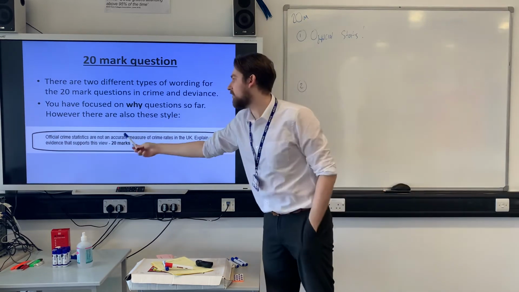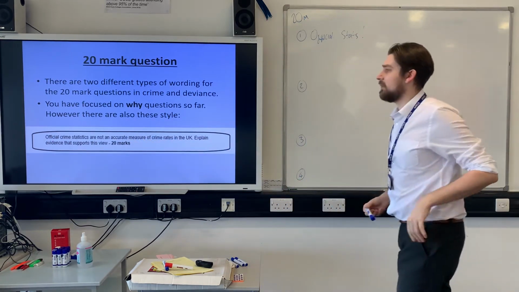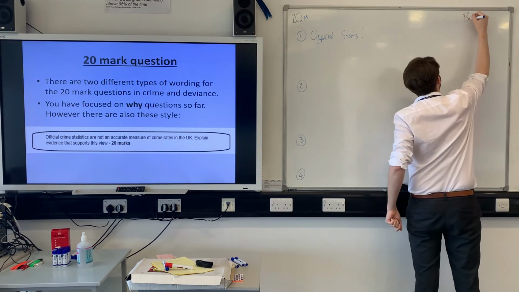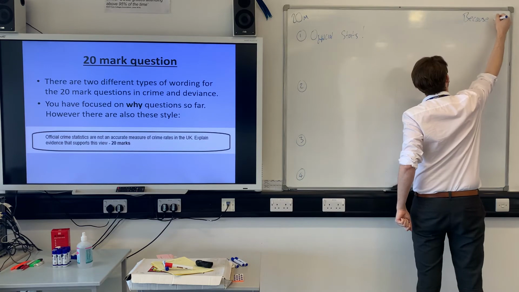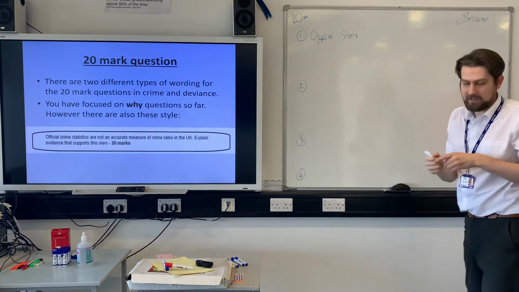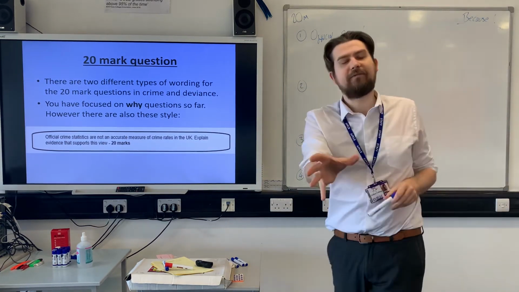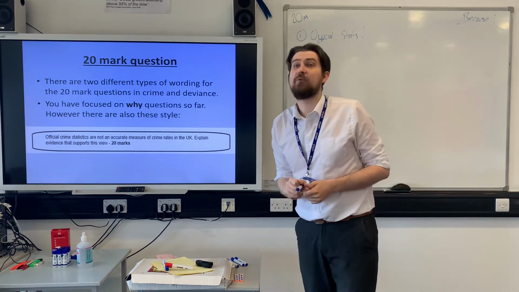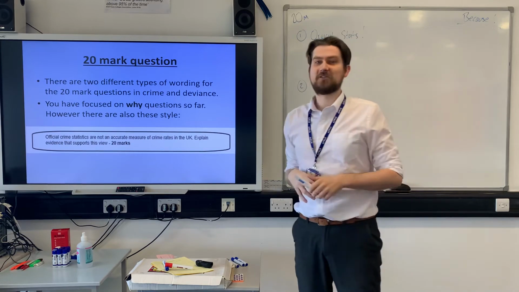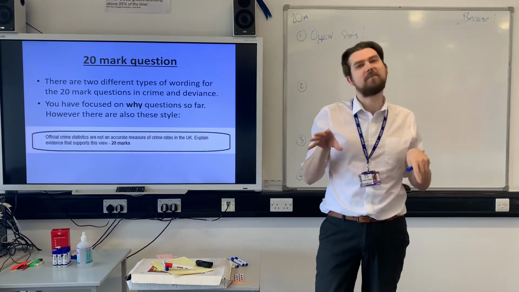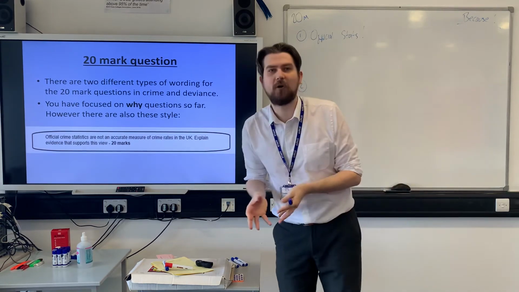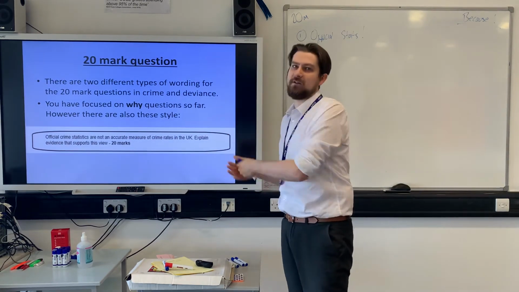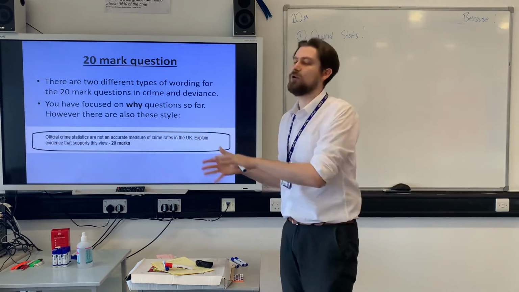So all you've got to do is, crime is not an accurate measure, explain why. Now, remember the key word in your 20 marker is because. You need to have becauses written in there. Don't fall into the trap, and some people have done this, and I've seen it on previous 20 markers, of people writing, this is useful because. It's like, no, when we do the practice paragraphs in class, they're for 40 mark questions, and saying the word useful is because that might be the wording of the title of the question, or a contribution of, or something like that.